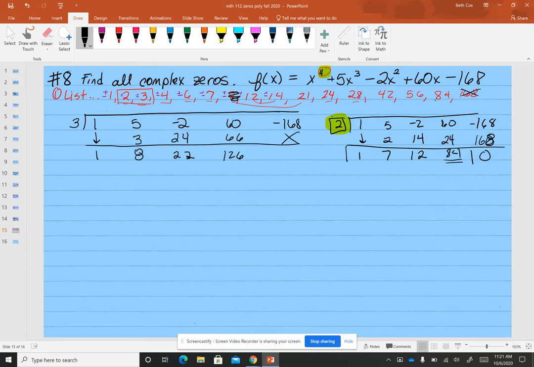Anyway, let's try 6. Oh, it's supposed to be a negative. Let's see if -6 works.